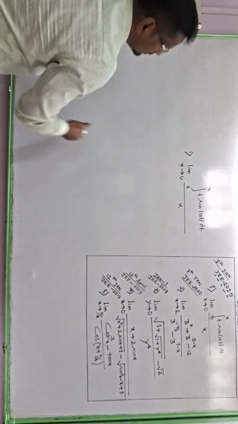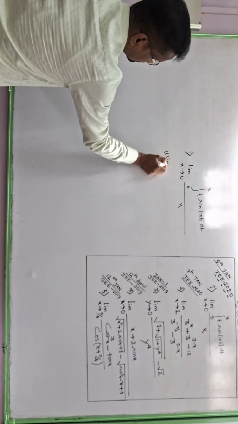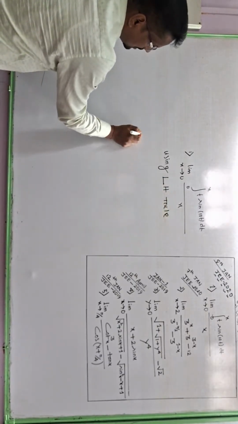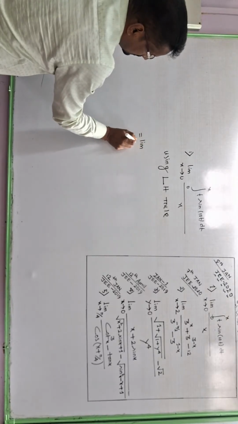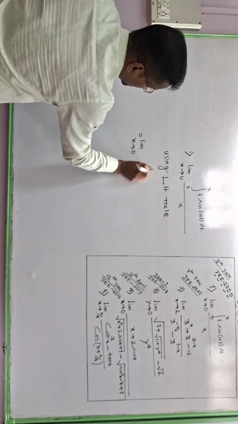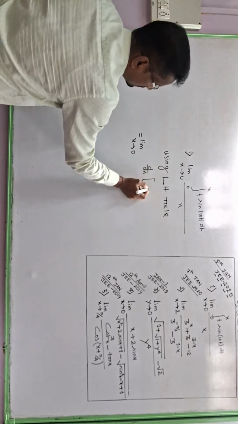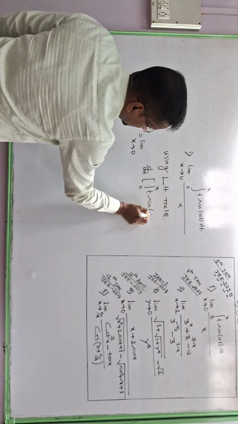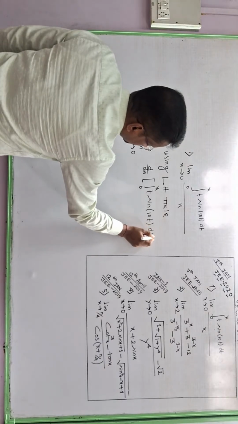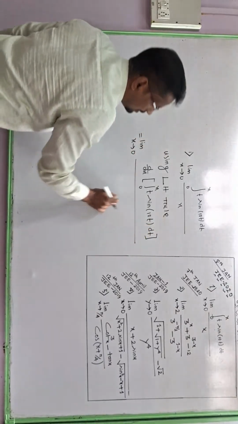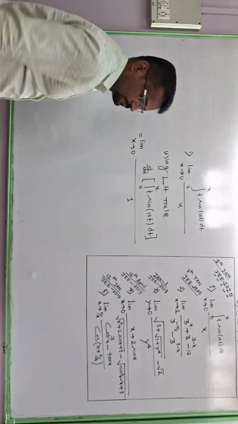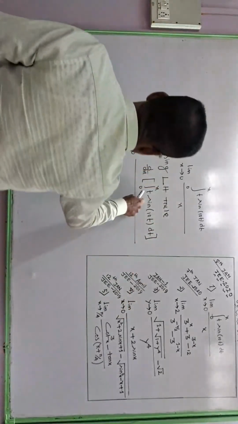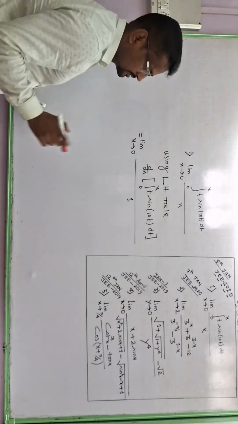Then, using L'Hôpital's rule, limit x tends to 0, d/dx of integration 0 to x of t sin tan t dt, divided by the derivative of x, that is directly 1. Now, in this case, you have to use Newton-Leibniz rule.